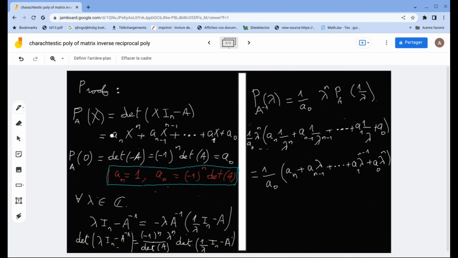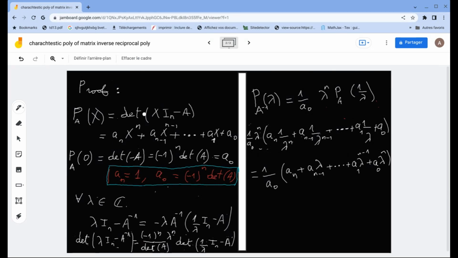So I can write the polynomial as an x power n plus an minus 1 x power n minus 1 plus dot dot dot plus a1 x plus a0. Here, when I develop the determinant, the coefficient of x power n is 1. So an here is 1.